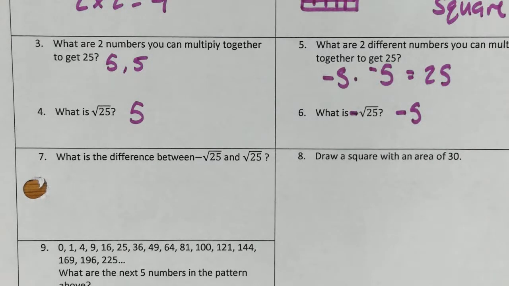So what's the difference between negative square root of 25 and square root of 25? Go ahead. Okay, so that's the only difference. One is positive and one is negative.